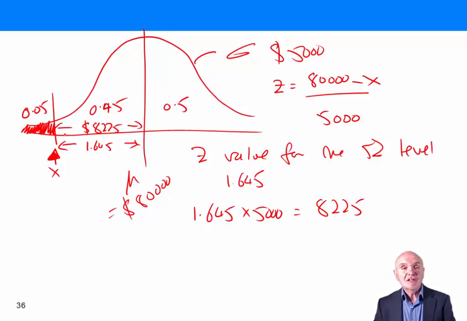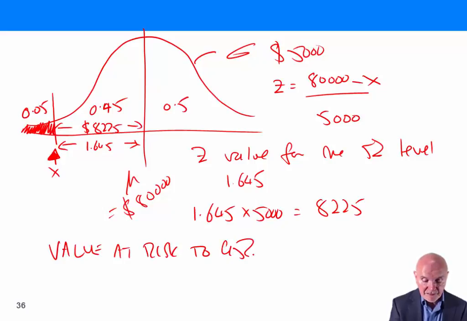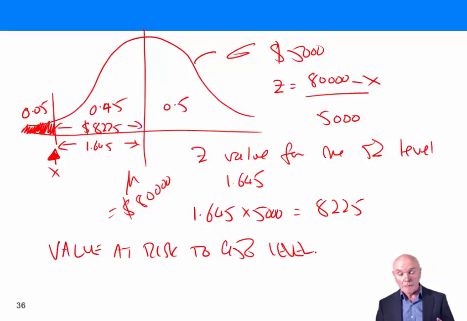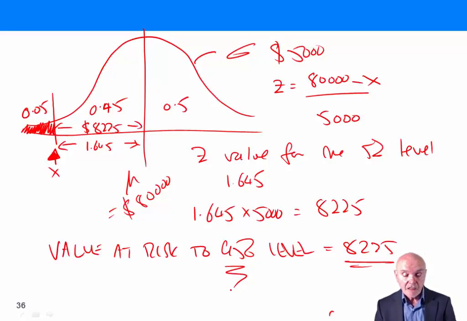There's only a 5% chance that your wealth will lose more than 8225, and the value at risk to the 95% level, there's obviously a risk you'd lose everything or a lot more, is 8225. This means that there's only a 5% chance that after the day you will have lost more than 8225.